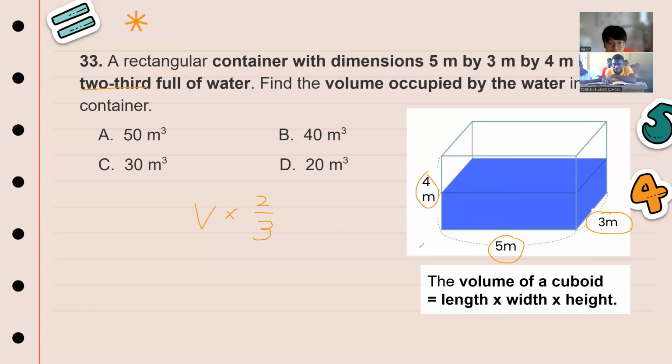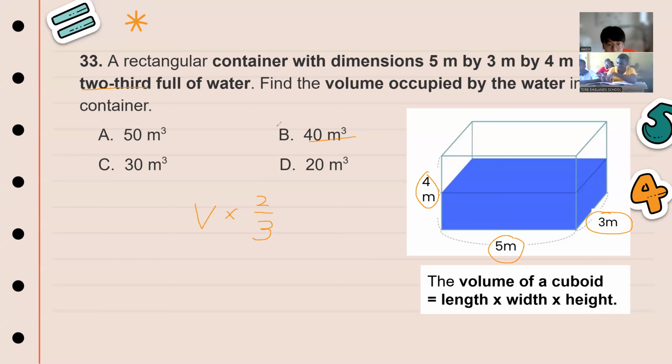Did you say B or C? Let's see if it's B or C. B? Oh, B. Yeah, great job. If you said B, then yeah, that's correct.